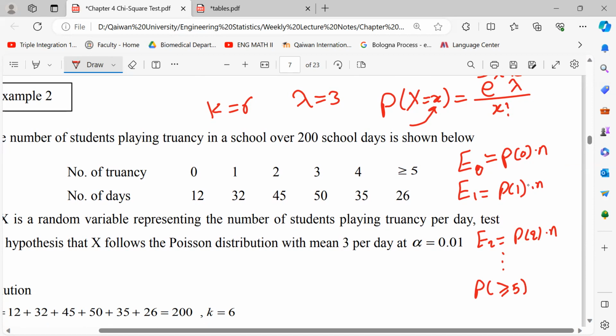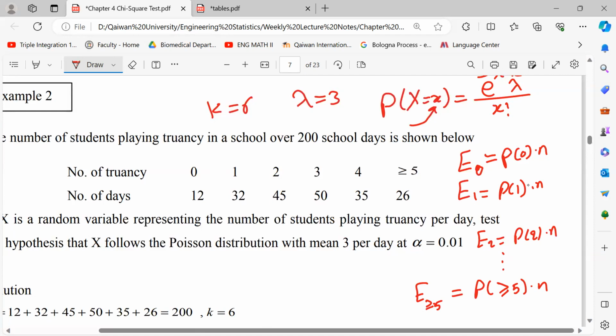It is probability of greater than or equal to 5 times n. We need to find all of these. After finding these, we can make the table. Let's first find them.